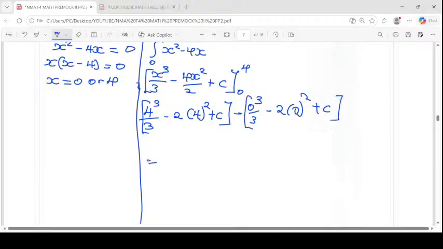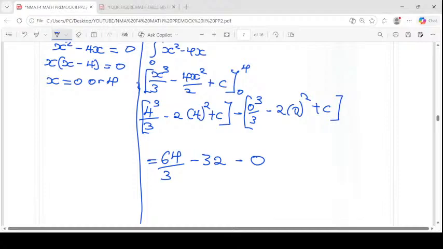So this will give me 4 cubed over 3, that will be 64 over 3, minus 2 times 4 squared is 16, so that is minus 32, then minus 0.